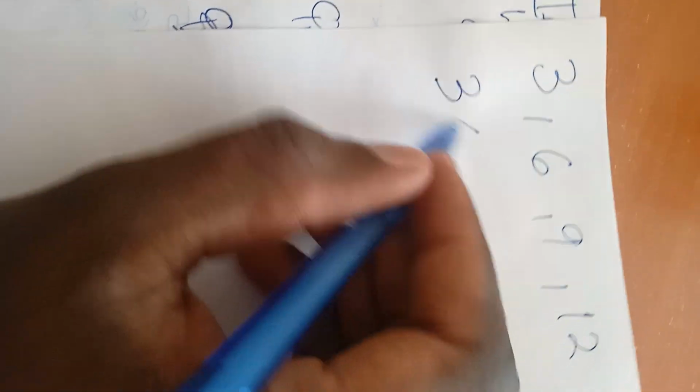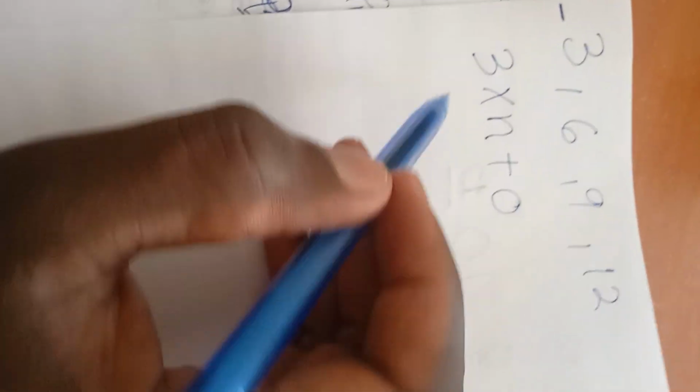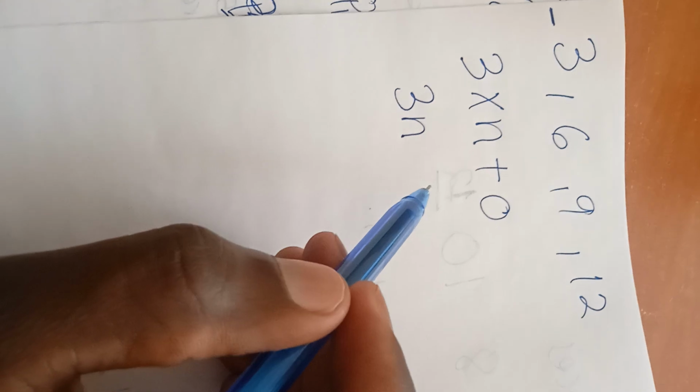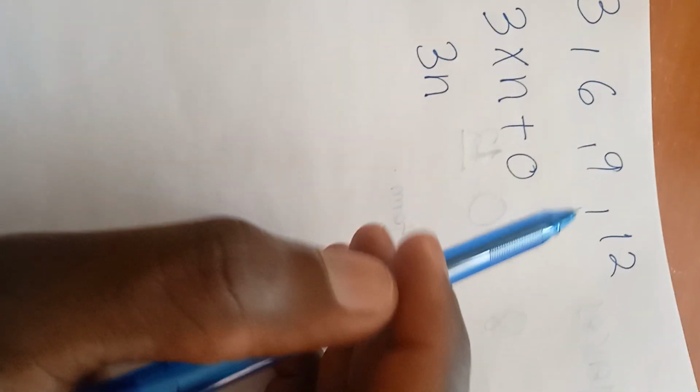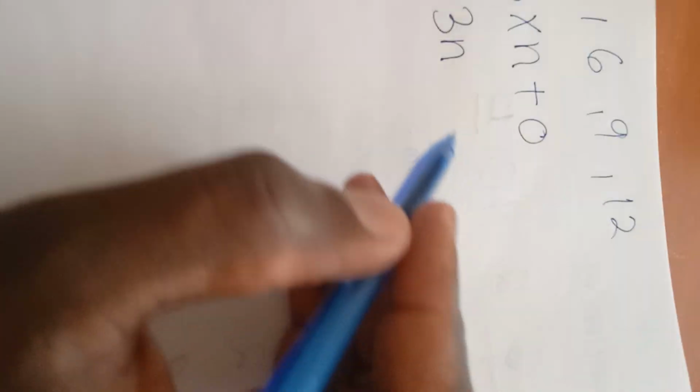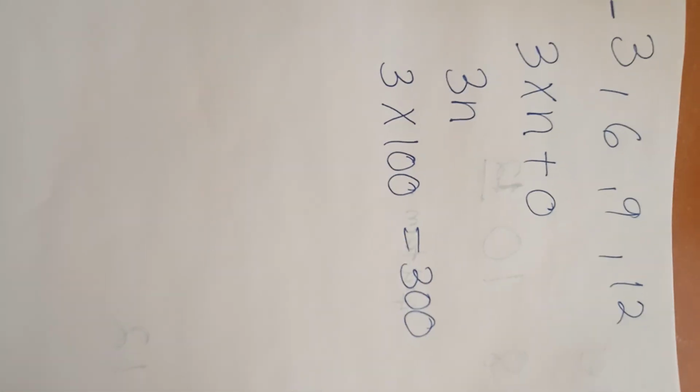Then I multiply by n, and then I look for the number before the first term, which is just 0, so it will be plus 0. So 3n is the nth term for this sequence. If I want to find the 100th term, all I need to do is multiply 3 times 100. That gives me 300. So the value of the 100th term in this sequence is 300.